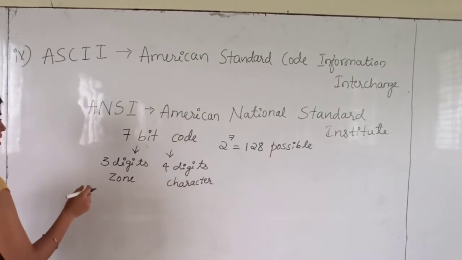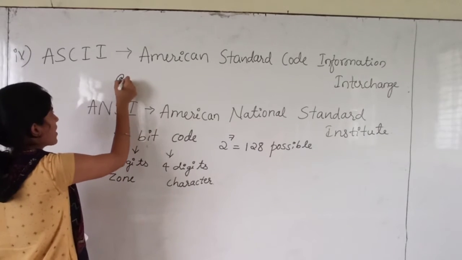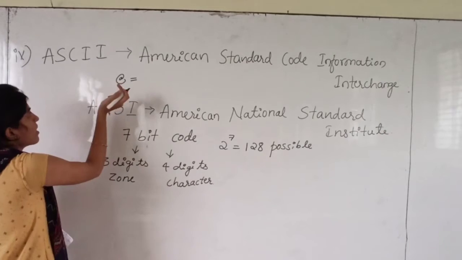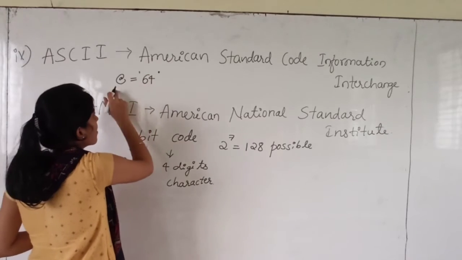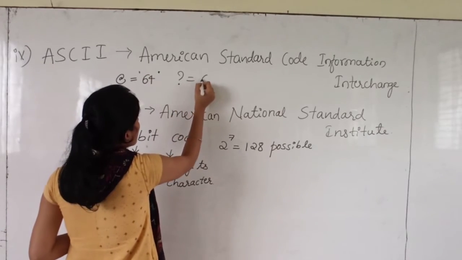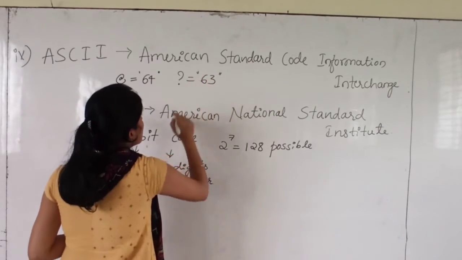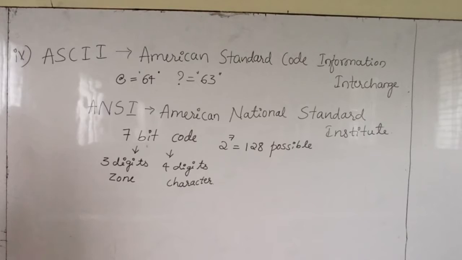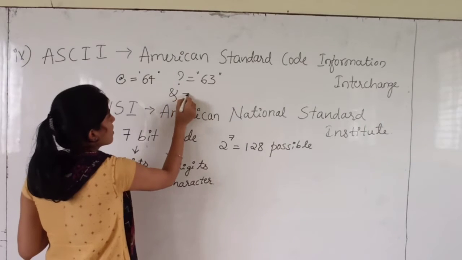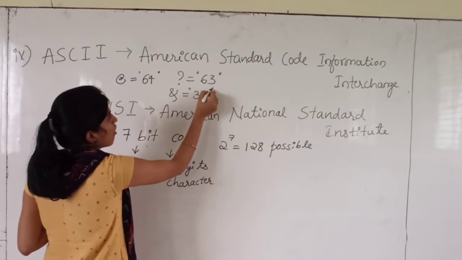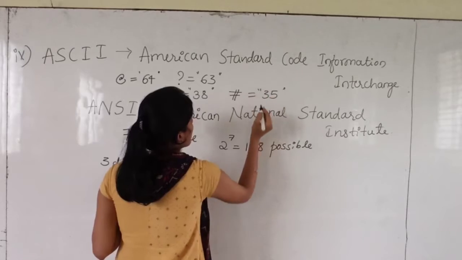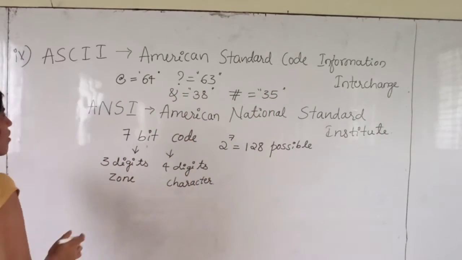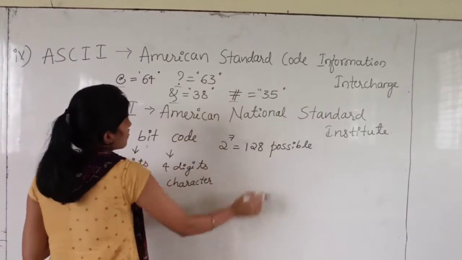For example, the ASCII value for at in ASCII code representation is 64, for question mark the ASCII code is 63, for ampersand it is 38, and for hash it is 35.